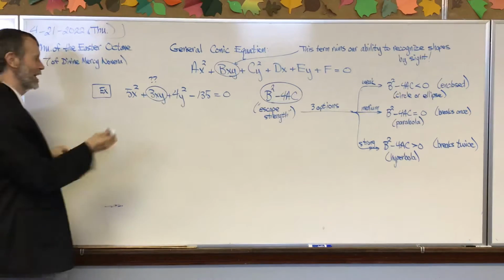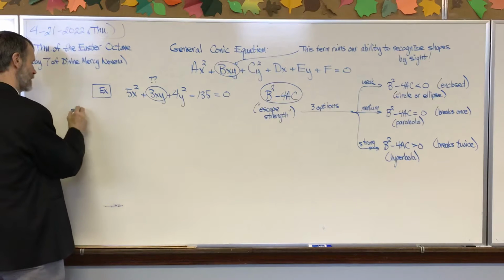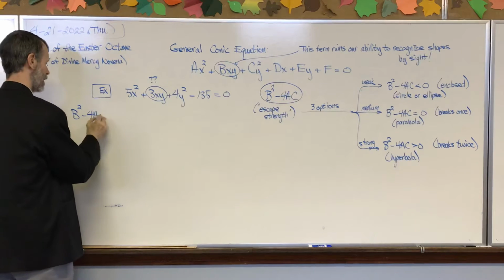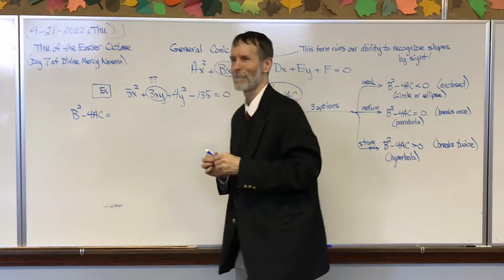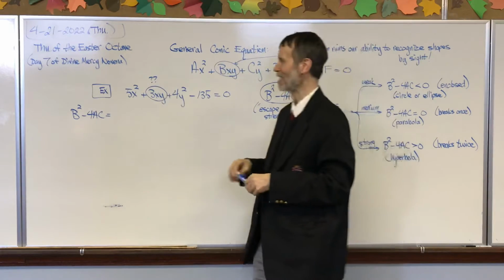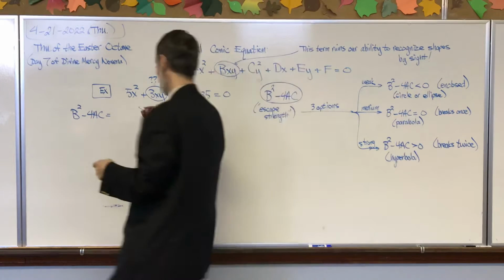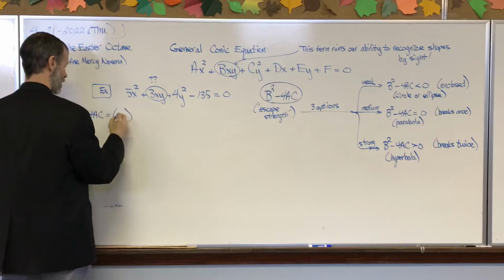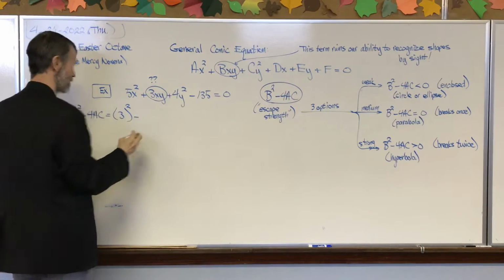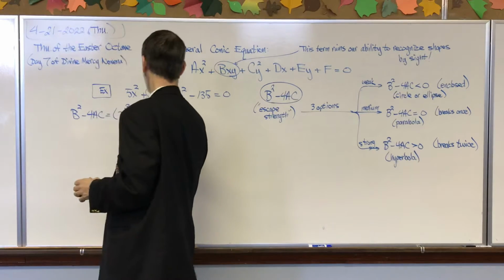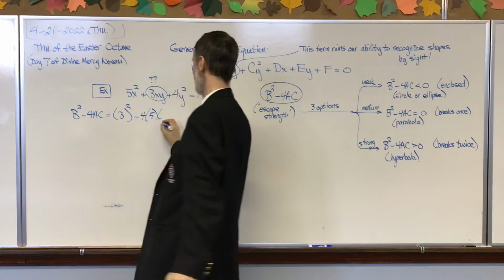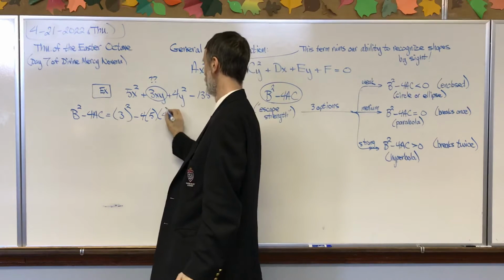So can somebody tell me, in this particular example, what's b squared minus 4ac? Josh, what's b? It's 3, correct. So it's going to be 3 squared minus, keep going. 4 times 5. 4 times 5 times 4.